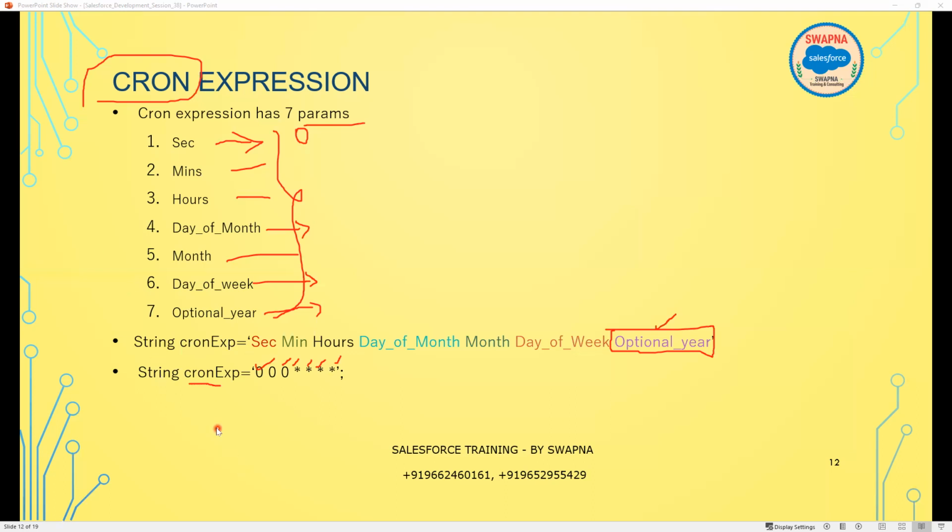So let's say, for example, System.schedule with the job title, the cron expression, and the class name. What will happen? You are scheduling the batch class in Apex using the cron expression. When you are scheduling it, what should be the job name?